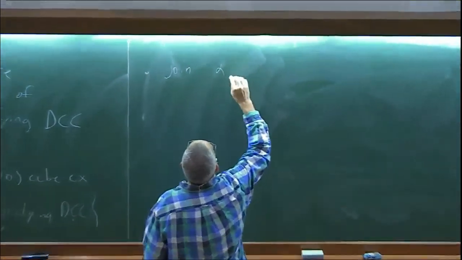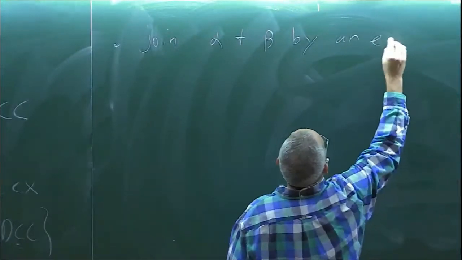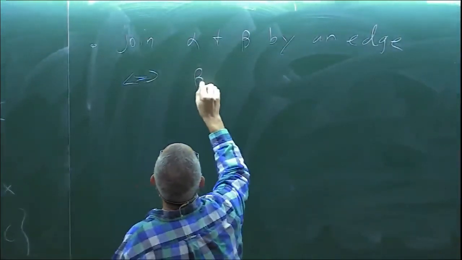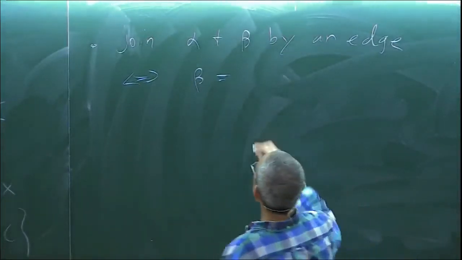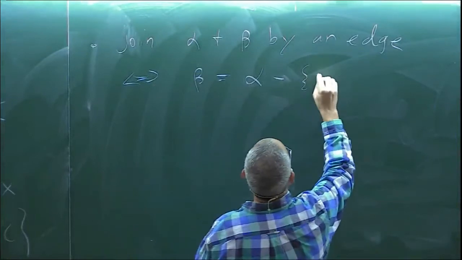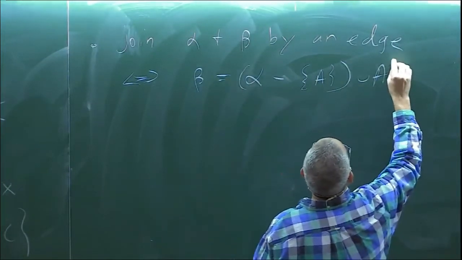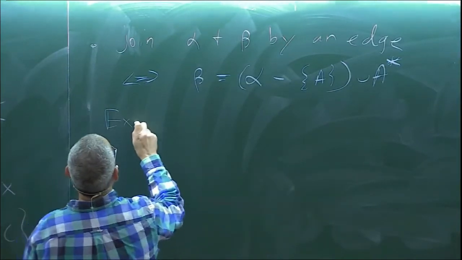Okay, so then join alpha and beta by an edge if and only if beta is obtained from alpha by flipping one of the choices. So it's just alpha minus some A, and then union A star. Okay? So here's an exercise.